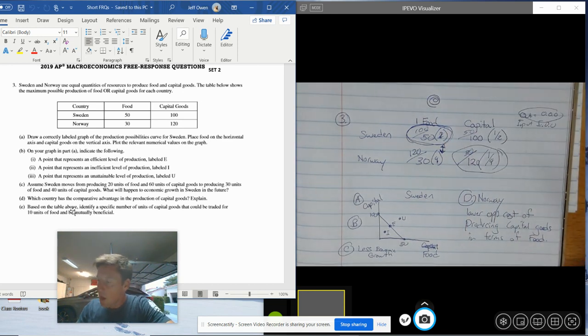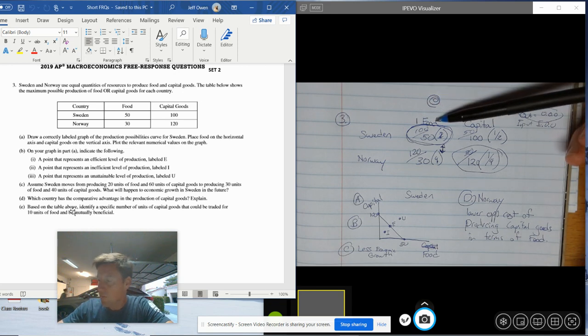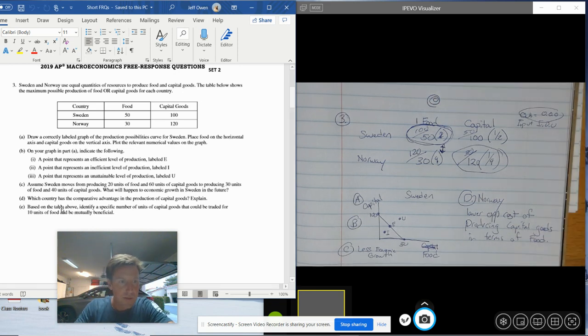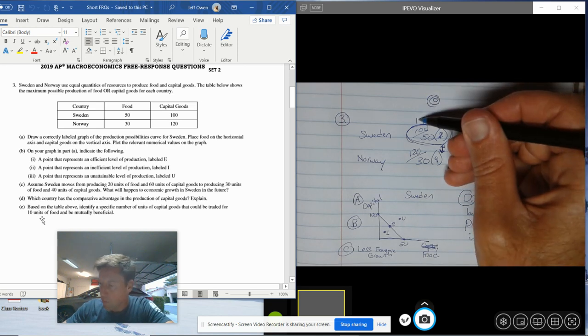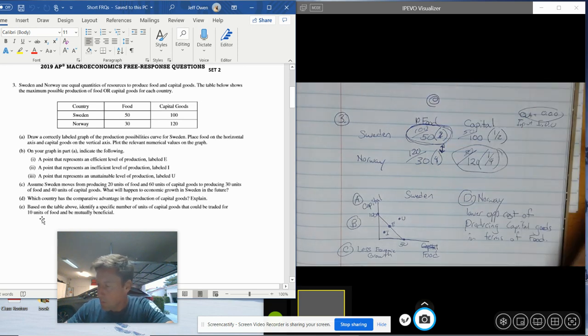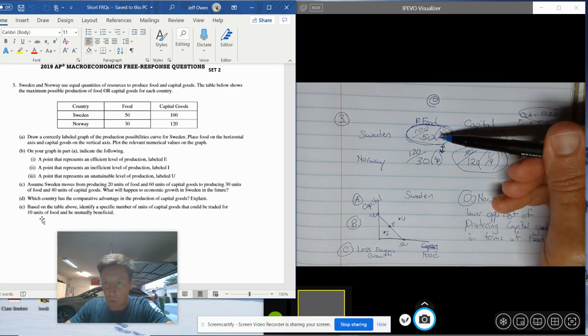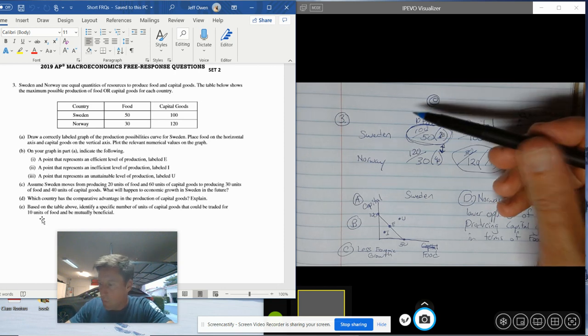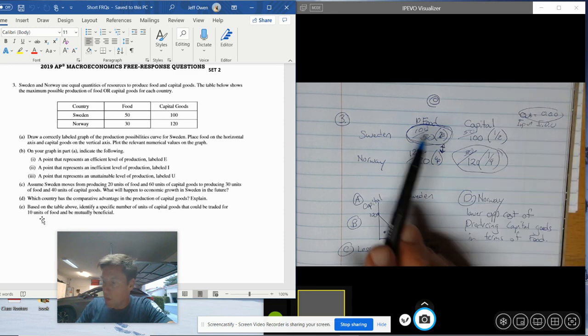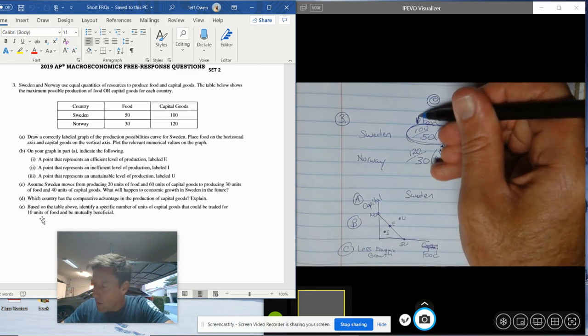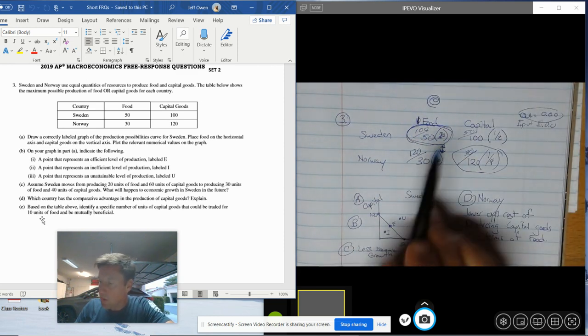Okay. So we're looking at 1 unit of food here, but they're talking about 10 units of food. So why not just multiply this by 10, multiply that by 10, and multiply that by 10? So any number now between 20, where's my pen? It looks like my screen froze a little bit. Normally, this number right here represents 1 unit of food, and that was the opportunity cost of 2 and 4.